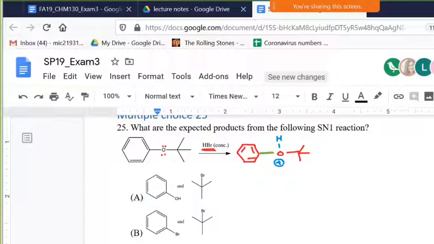Should I take it from the green side, or should I take it from the purple side? Purple because of tertiary. Purple because of tertiary, I'll accept that at least for the moment.